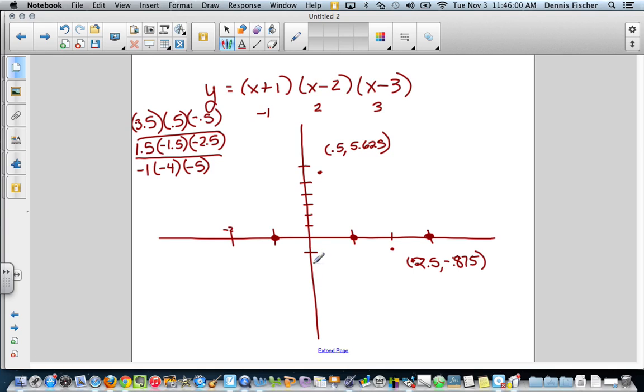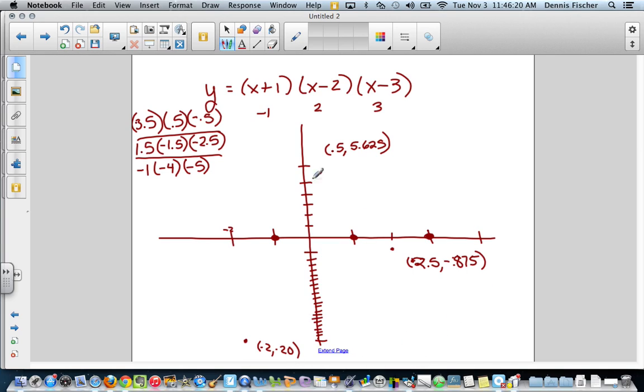So I'm a little ways down, over here at -2, -20. And then I have to pick one more point. This point was 2 and this point was 3, so I would probably put 4 here.